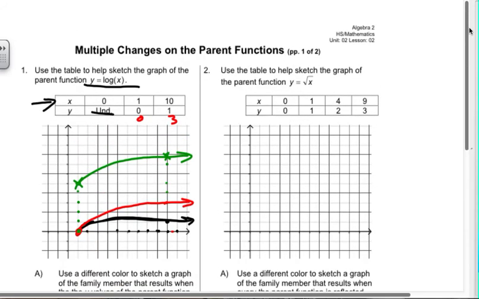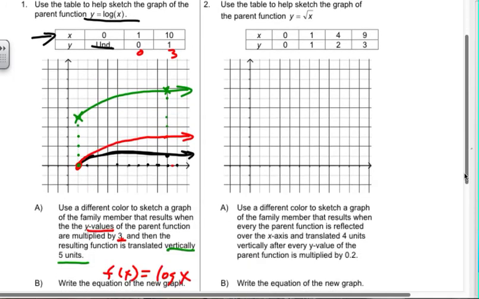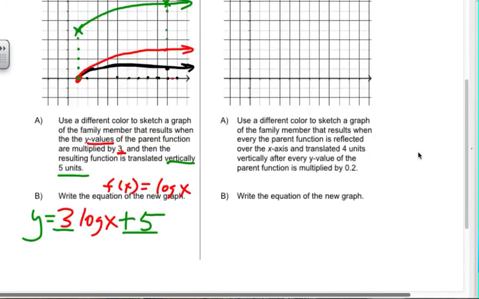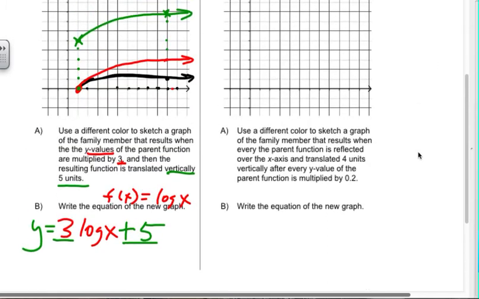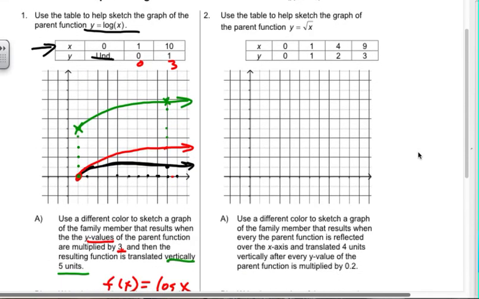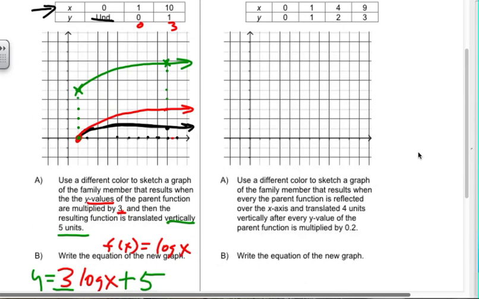We've got a slightly different parent function here. Deal with the square root function. So first thing I'm going to do is plot my parent.